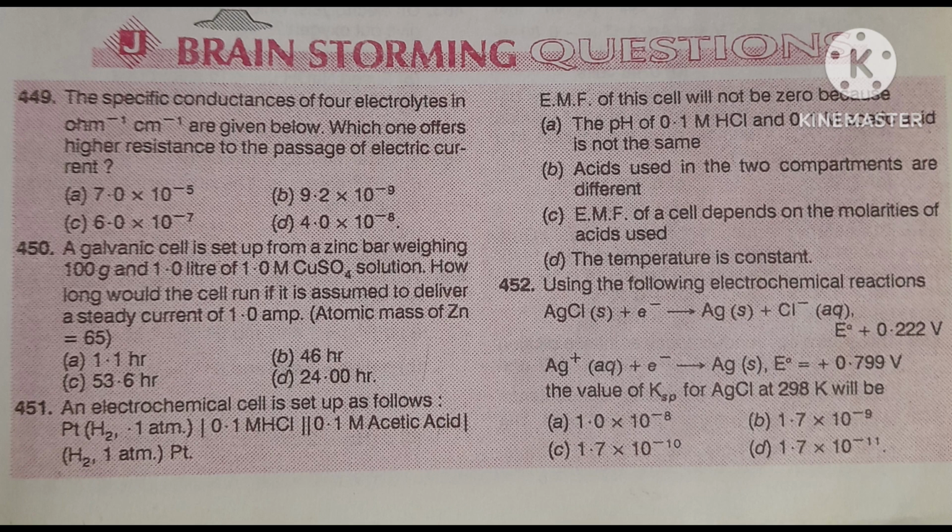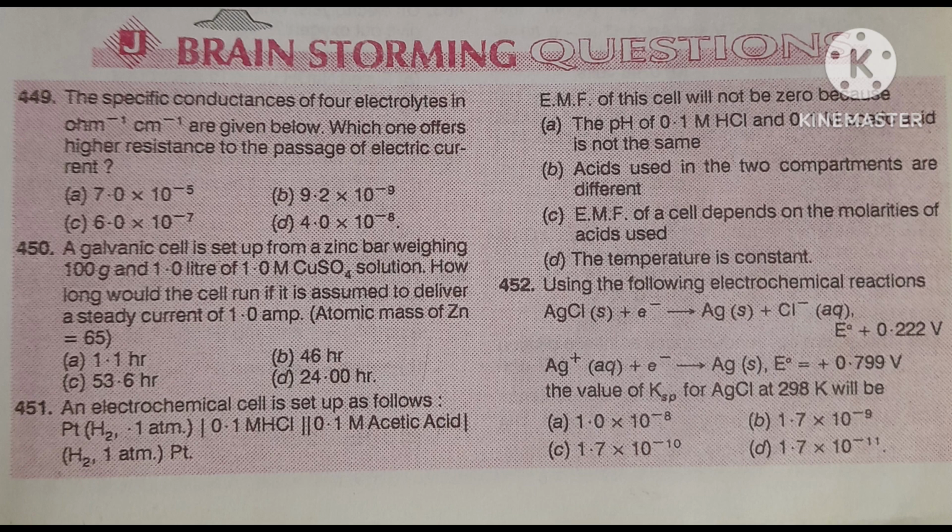Only the second option, 10 to the power minus 9, is the least. The specific conductance is least, 9.2 into 10 to the power minus 9. All others are more. Only option B is least.